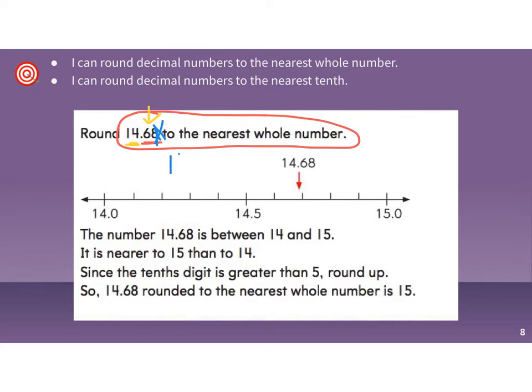So really, I'm looking at 14 and 6 tenths. There's the whole number. Here's one place to the right. Is it 5 or higher, 4 or lower? Since it's 5 or higher, I would round up to 15. If you want to pause the video and really read through this number line, you can do that as well.